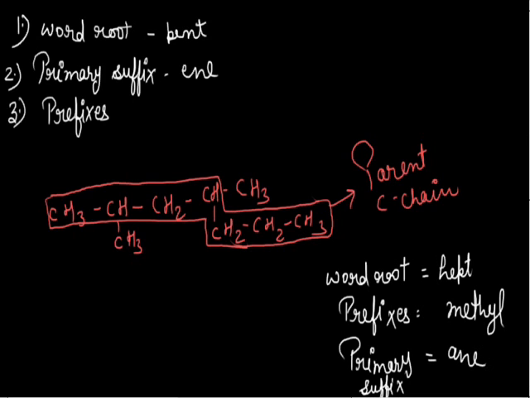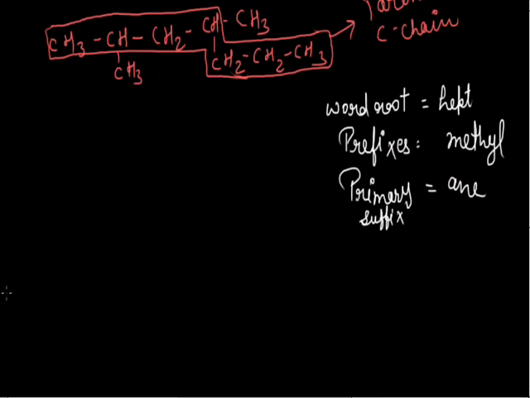Now the second rule for IUPAC nomenclature is the lowest number rule.